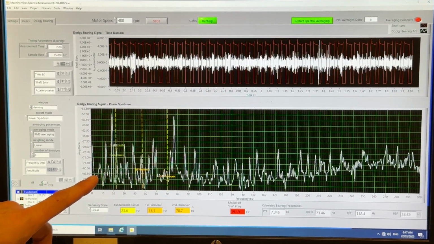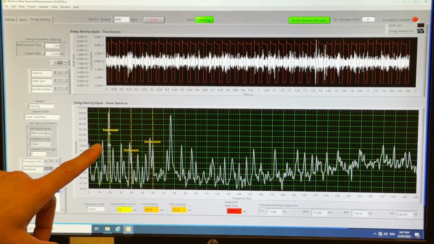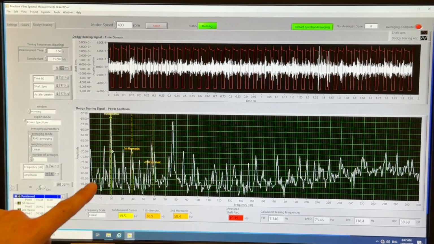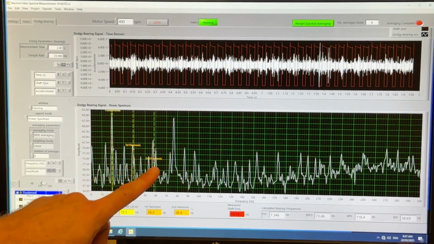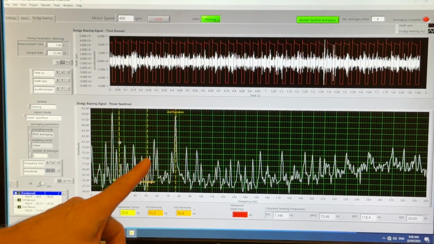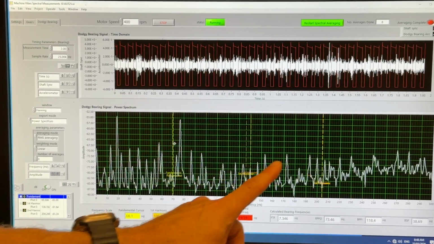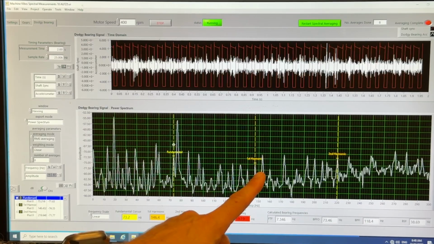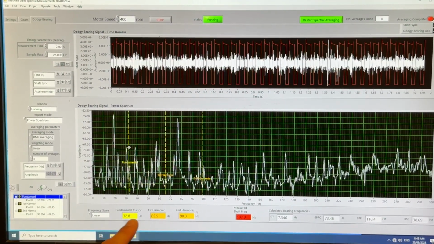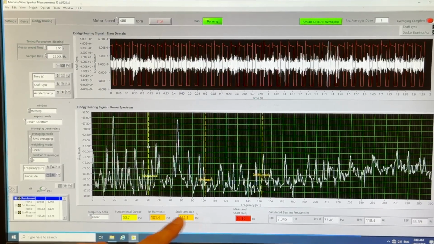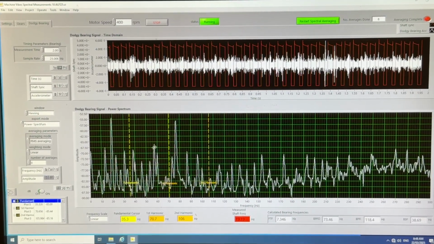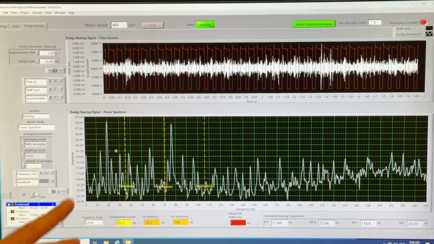I also have 3 cursors on here which I can move, and they're linked together. There's a cursor at a fundamental frequency and a first and a second harmonic, so these are multiples of the fundamental frequency. As I scroll and increase the frequency of the fundamental, this one is at 2 times and 3 times the fundamental frequency, and the display down here gives me the frequencies at which those linked cursors are positioned on the spectrum.